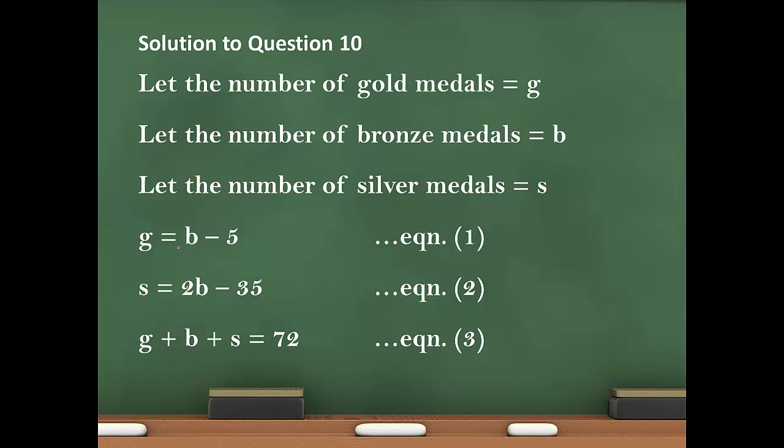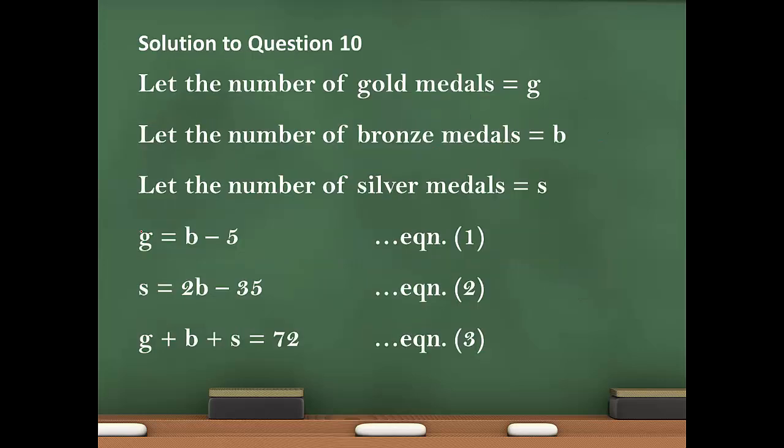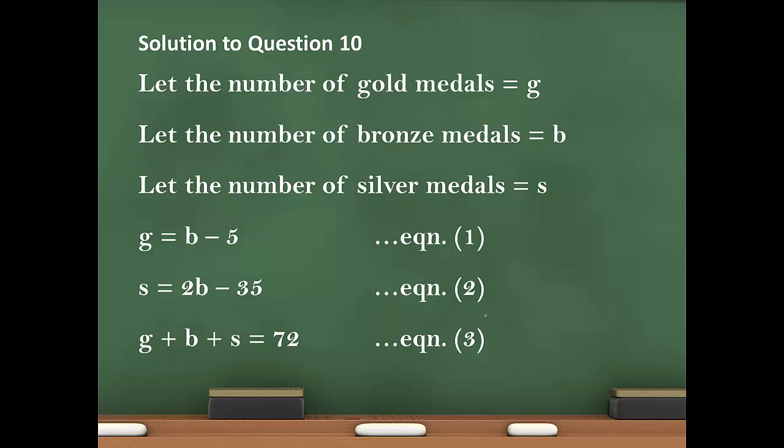So the gold is B minus 5. And then it says silver earned was 35 less than twice the number of bronze. So 2B minus 35. Okay?